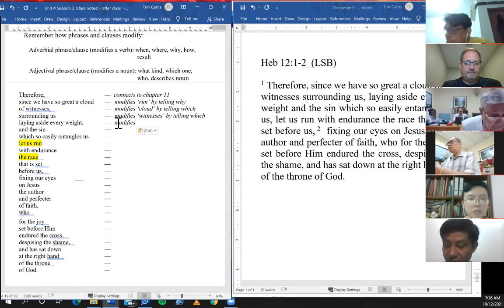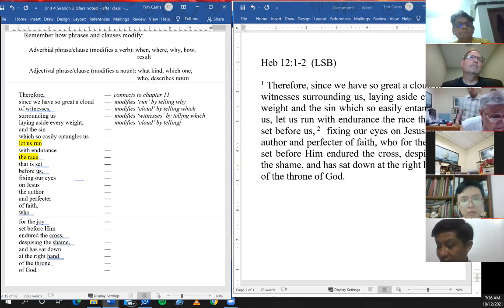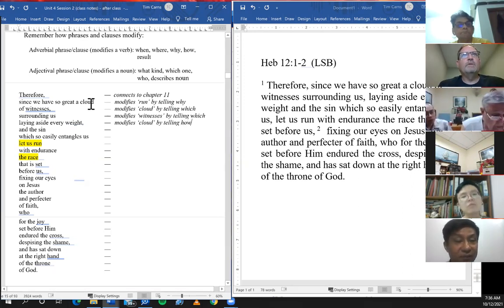Yeah, this phrase also modifies, I think, the cloud. Laying aside every weight. This phrase modifies cloud by telling how. Okay, so is it describing what the cloud is doing?